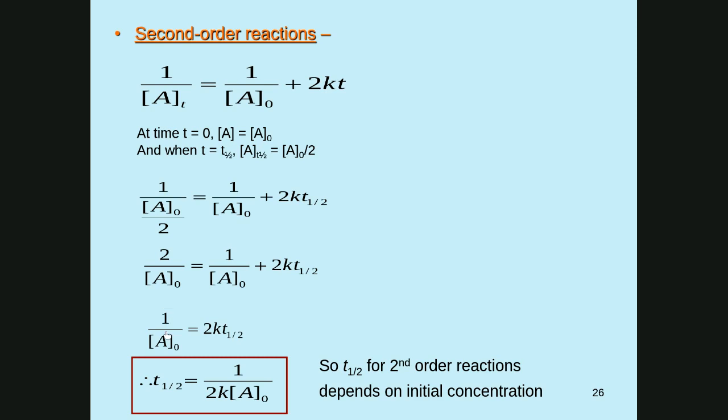That equals what remains here, 2K T1/2. Then you divide on both sides by 2K. Yeah, get rid of the 2K here, placing it there. So you get half-life for the second order reaction being equal to 1 upon 2 times the rate constant times the initial concentration of A, of the reactant A.